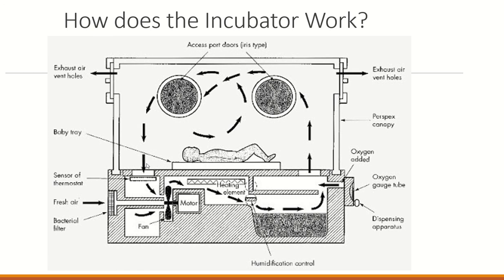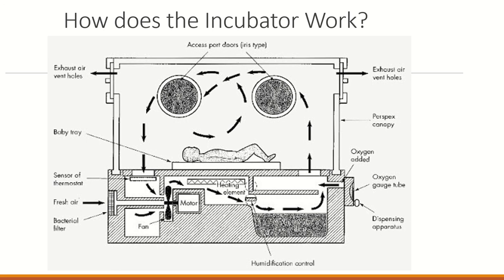Now, when it passes the thermostat sensor, the sensor communicates with the heating element and tells the heating element to what temperature the incoming air needs to be heated to. Because this particular temperature that the thermostat has is the appropriate temperature for the baby to survive in.